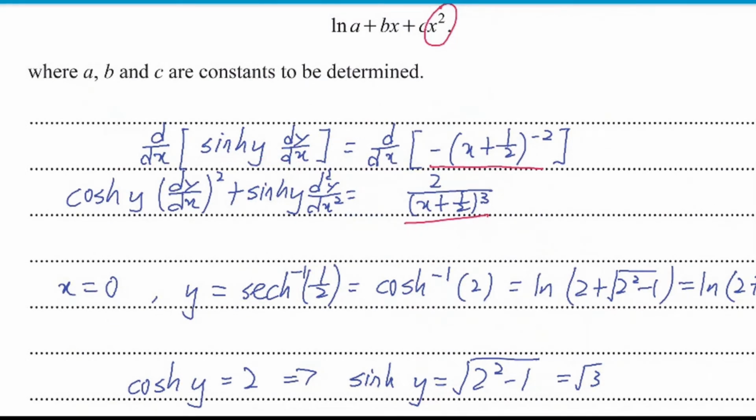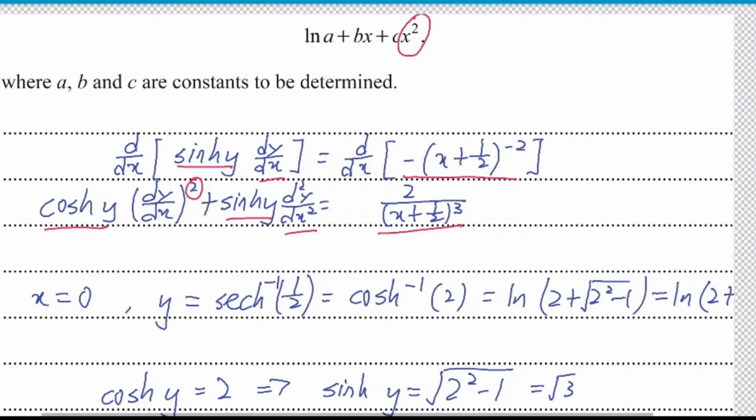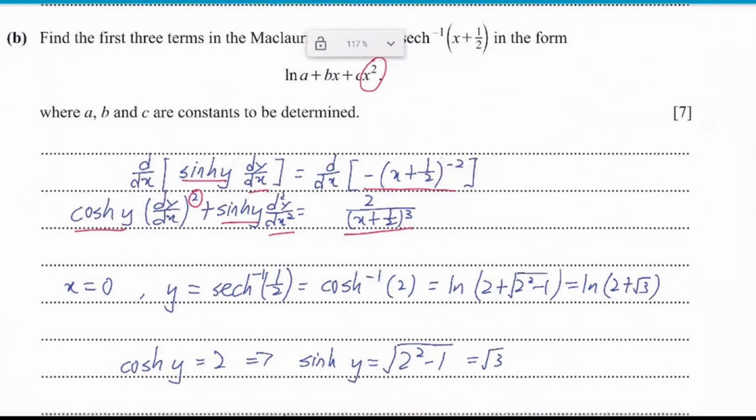Differentiating sin y, we get cos y dy/dx multiplied by the original dy/dx, so we get (dy/dx) squared. It's not d squared y dx squared, it's dy/dx times dy/dx. Then we keep the sin y and differentiate the dy/dx, so we get d squared y dx squared.